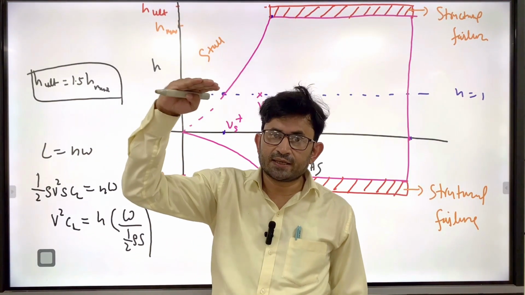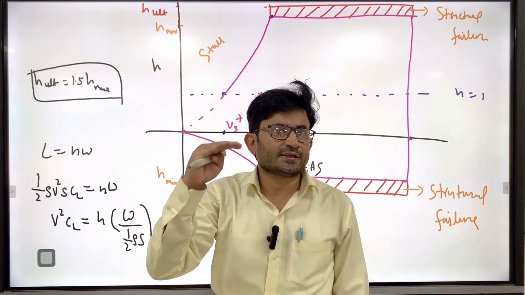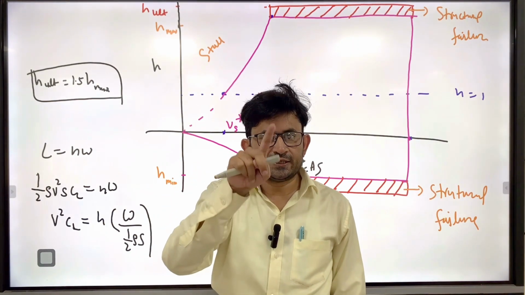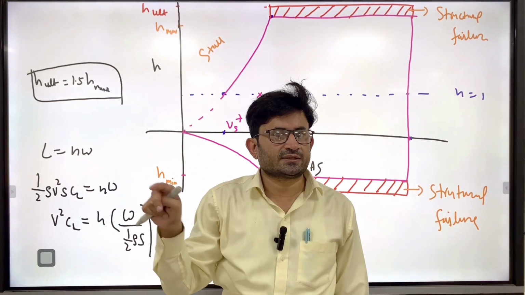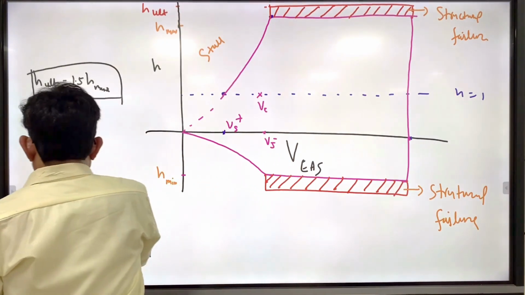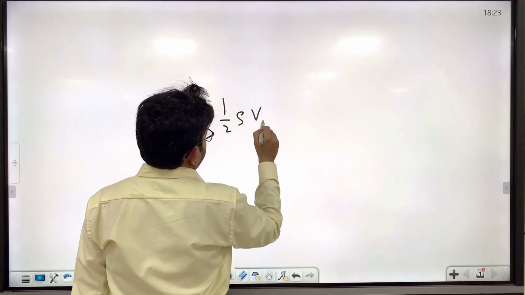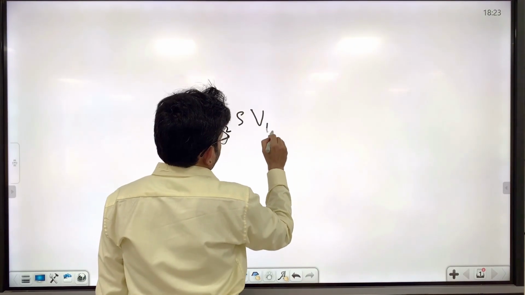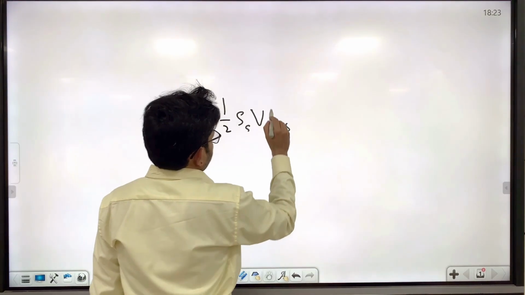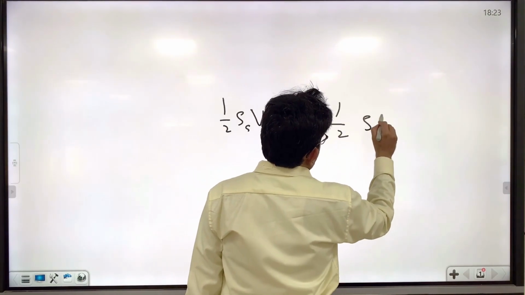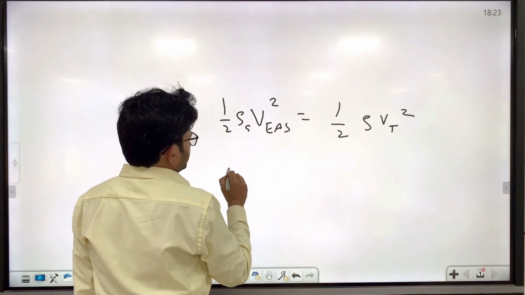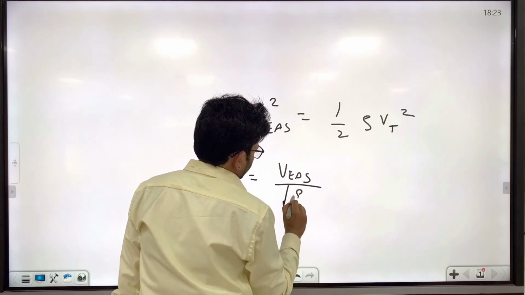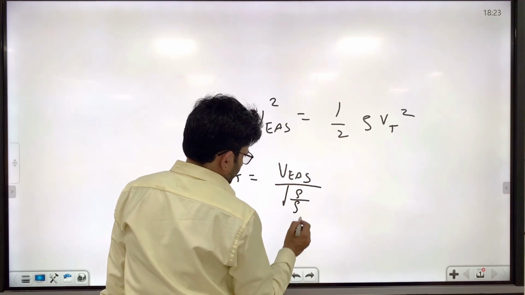As I discussed, when you go to higher and higher altitude, the air becomes thinner and thinner, so at the same power setting the speed will increase. If you write the dynamic pressure at that particular altitude and the dynamic pressure at sea level, you can write half rho V squared equal to half rho sea level V equivalent air speed squared. So V equals V equivalent air speed divided by the square root of rho by rho sea level.